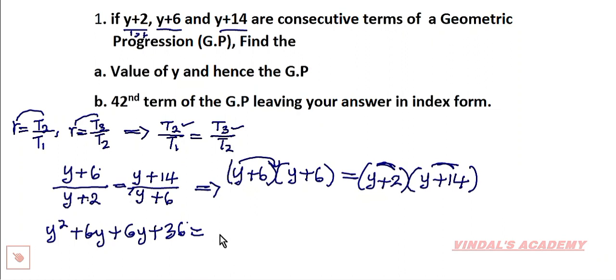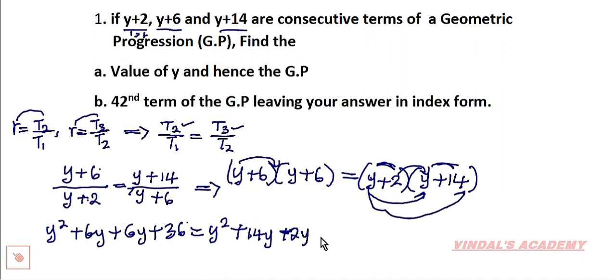That is y squared plus, this y multiplying 14 is going to be 14y, then plus these two multiplying y is going to be 2y, plus these two multiplying 14 is going to be 28. Now I have cleared the fraction.